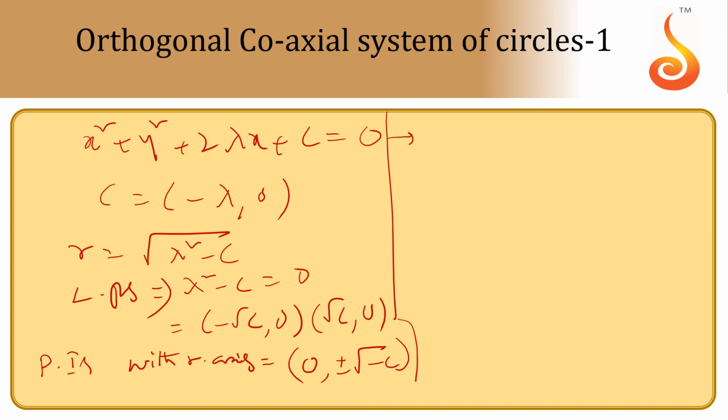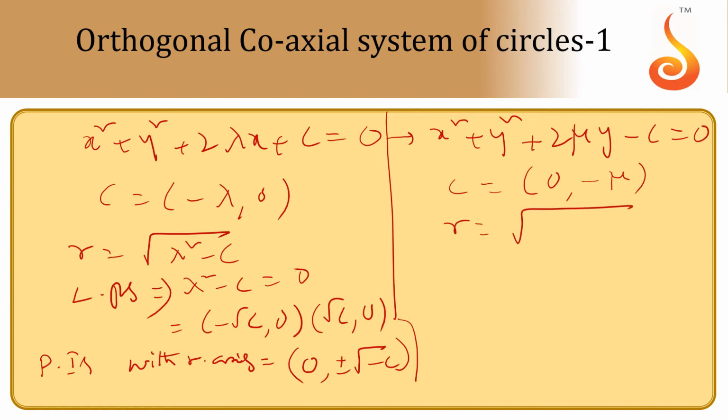Now orthogonal system will be x square plus y square plus 2 mu y minus c equal to 0. Orthogonality condition is there, no? 2gg dash plus 2ff dash equals c plus c dash. Using that you can develop orthogonal coaxial system. Now its center will be 0 comma minus mu, and its radius will be under root of mu square plus c.